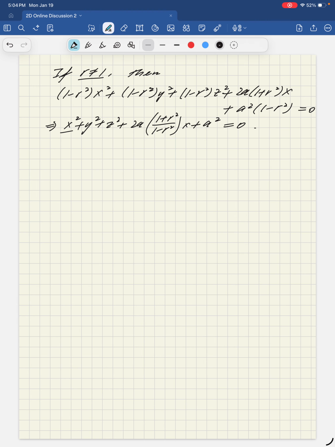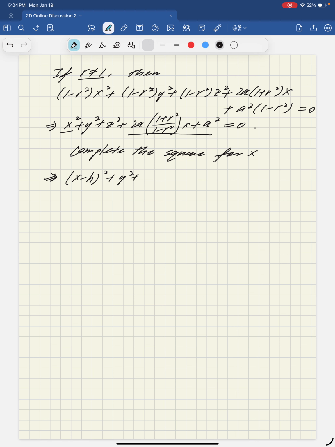And so we can use these terms to complete the square for x. And we eventually will get something of the form x minus h squared plus y squared plus z squared equals some big R squared.